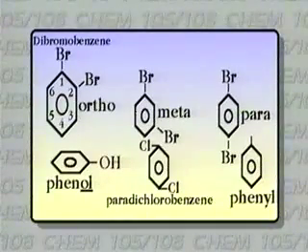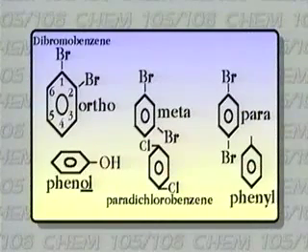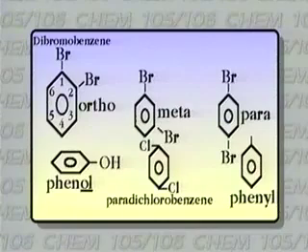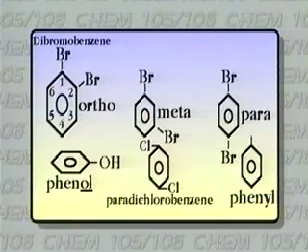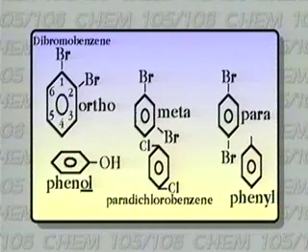This particular group right here, when it is used as an attached group, is called phenyl, the phenyl group. That means that we've taken a hydrogen off right here, and we're going to use this bond now to hook it to something, so that we could hook these benzenes to a hydrocarbon chain or whatever the case might be.